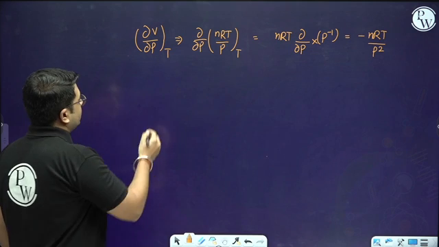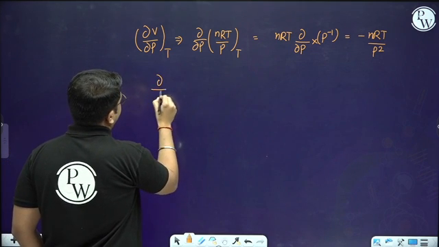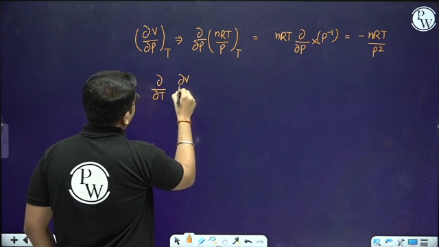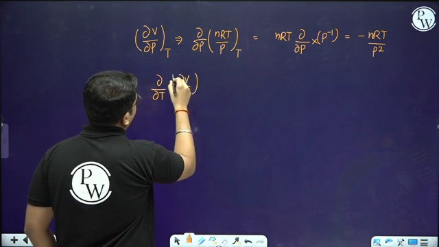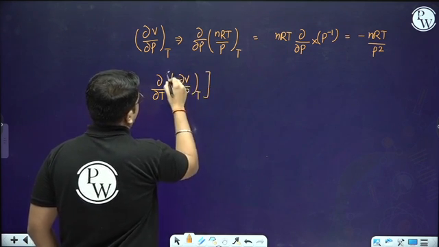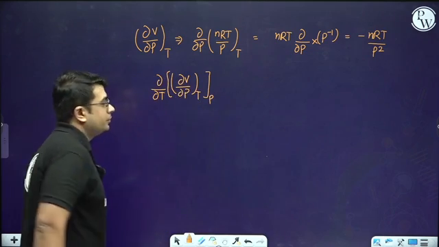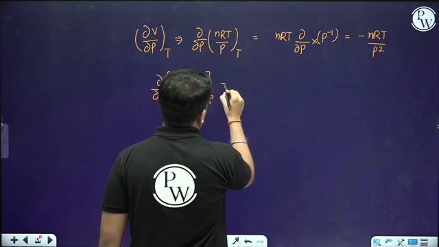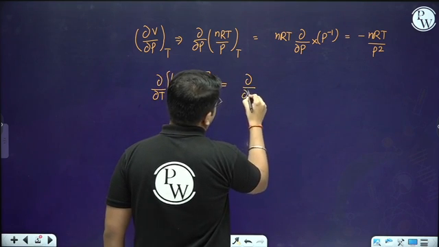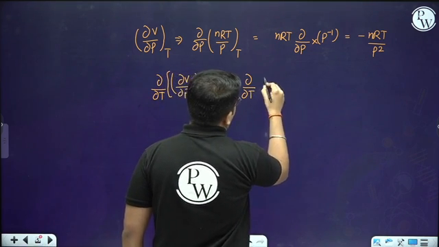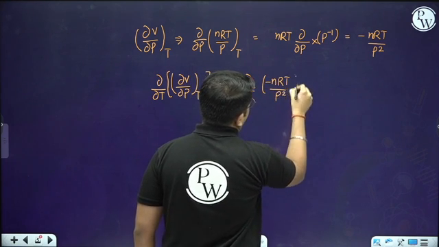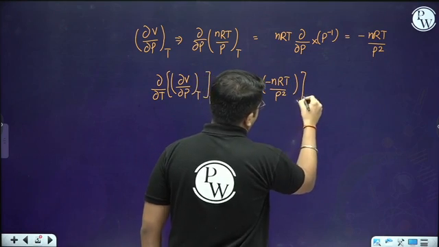Now the next part. In this case, I am differentiating it with respect to dT. So that part will be dV by dP at constant temperature, and this entire part at constant pressure. So this quantity is already calculated, and I just have to put the value. So that will be d by dT of minus nRT by P square, and this entire part is at constant temperature.